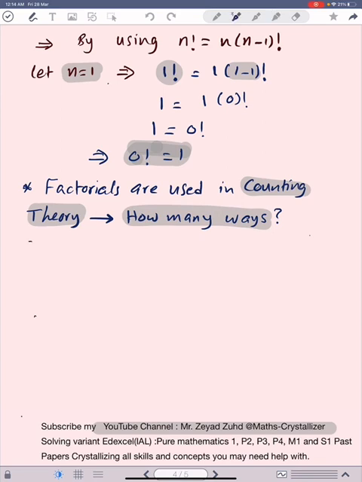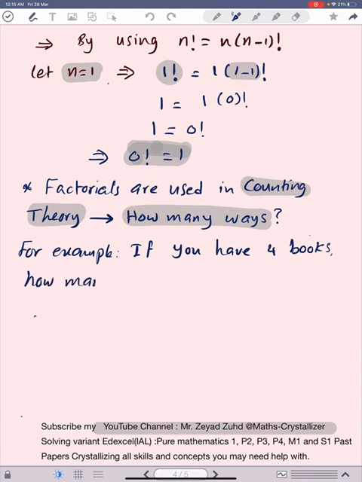For example, if you have 4 books and the question is, how many ways can you arrange the 4 books?